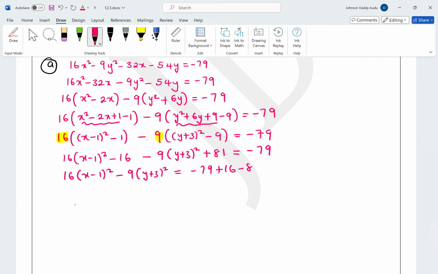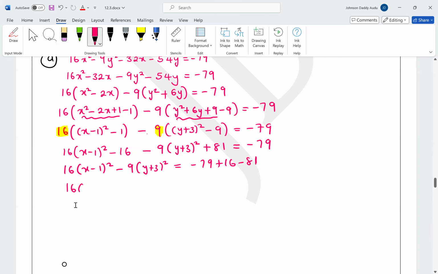Now this will be equal to 16(x minus 1) squared minus 9(y plus 3) squared equals minus 144. So we divide both sides by minus 144.